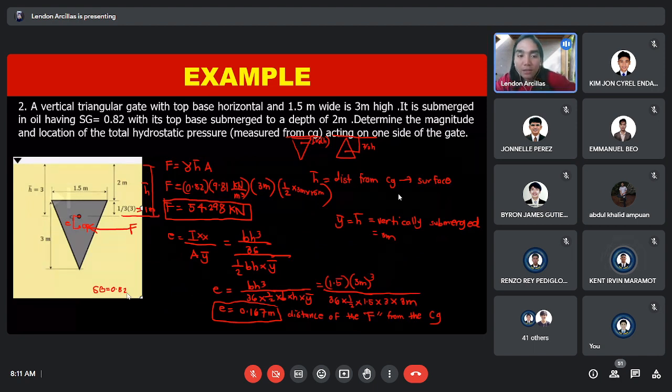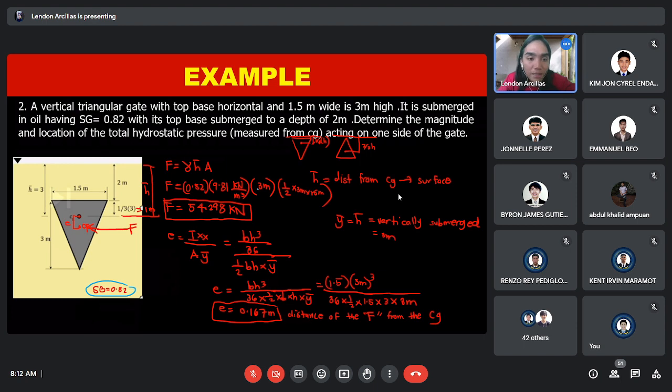Okay, so another example, pag triangle naman, so again, magdedepende yung value ng centroid natin sa type ng object. Okay? So again, to find the force or the hydrostatic force, that is the specific weight where the object is submerged, which is this one, oil, oil ata to, 0.82 times 9.81 times the H bar.